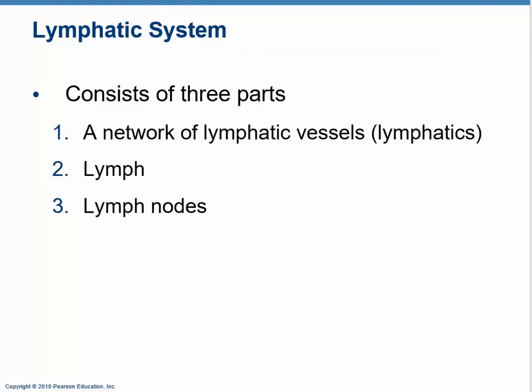So it consists of a couple of parts. There's a network of lymphatic vessels, so they are very much like veins. There's the lymph, which is the fluid that passes through it, and lymph is really interstitial fluid that's found in the lymphatics. And there are these organs called the lymph nodes. We'll get to them later.